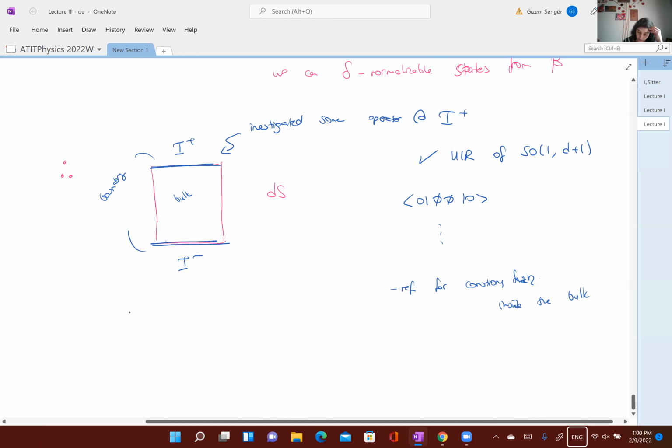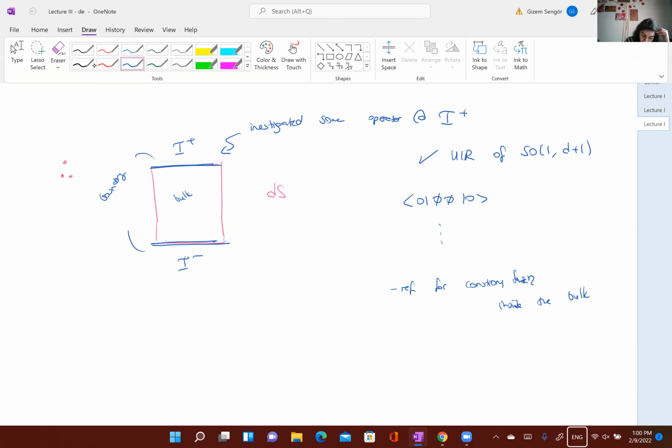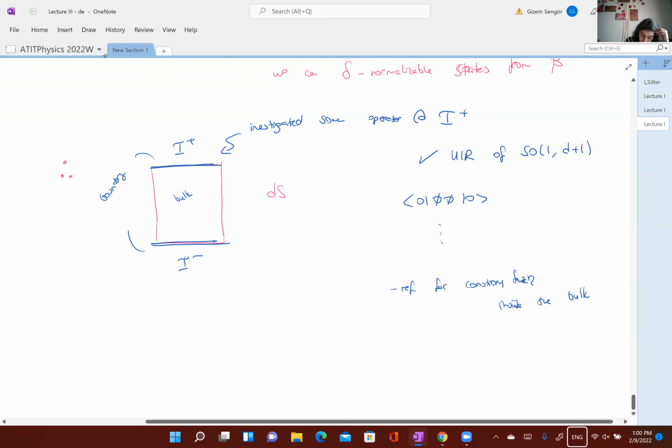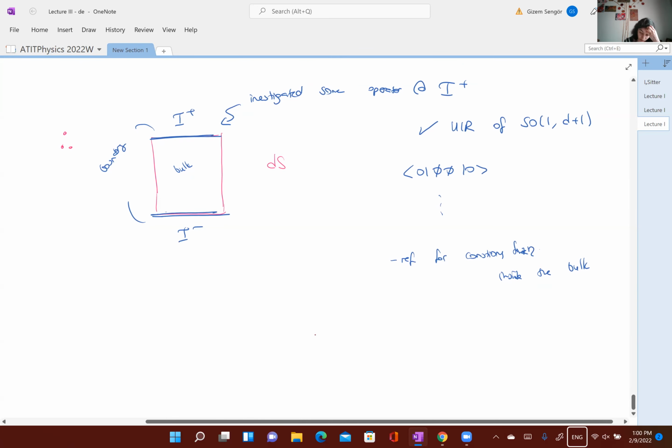But if you start building these things, you can also ask, is there a holographic side to the de Sitter?